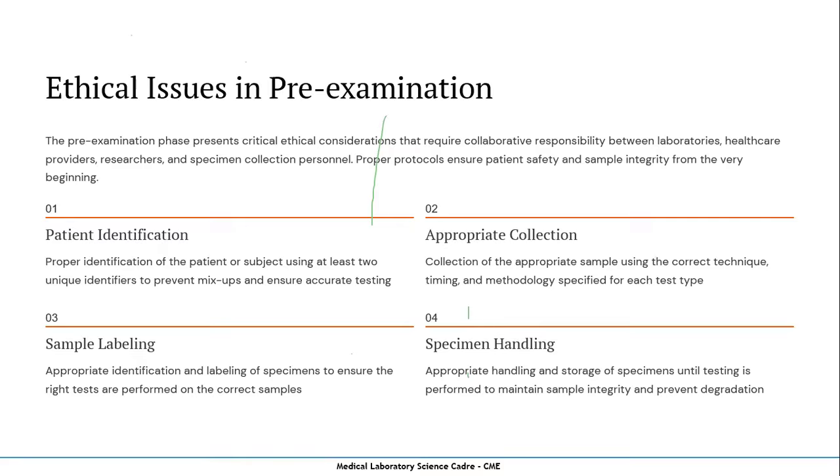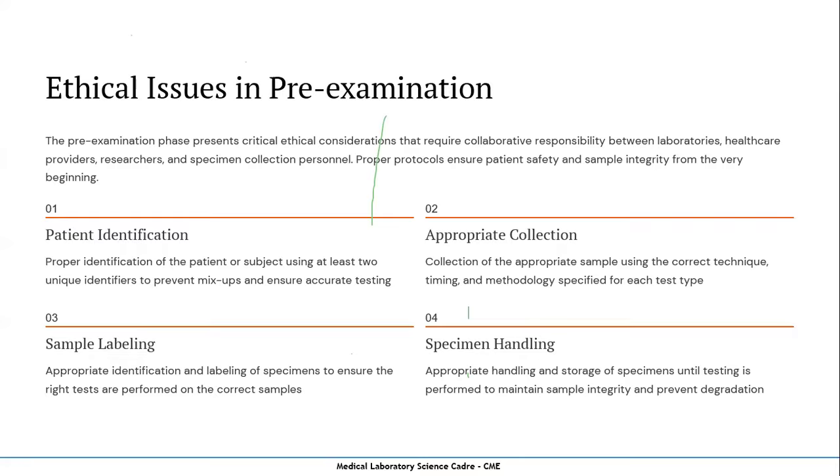So patient identification, proper identification of our patient or subject in the case of research, using at least 2 unique identifiers, we should be able to know who this patient that we are collecting from is. Appropriate collection is quite important as well, as we are to use the correct technique for collection, the right time for collection, and methodology should also be specified for each test.